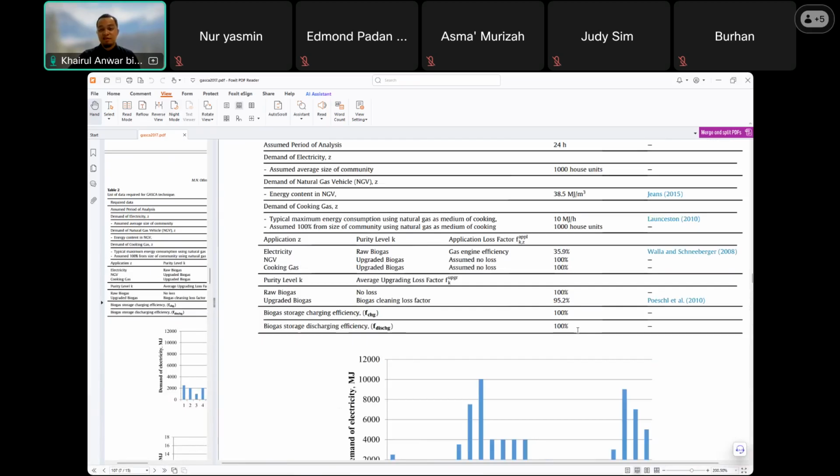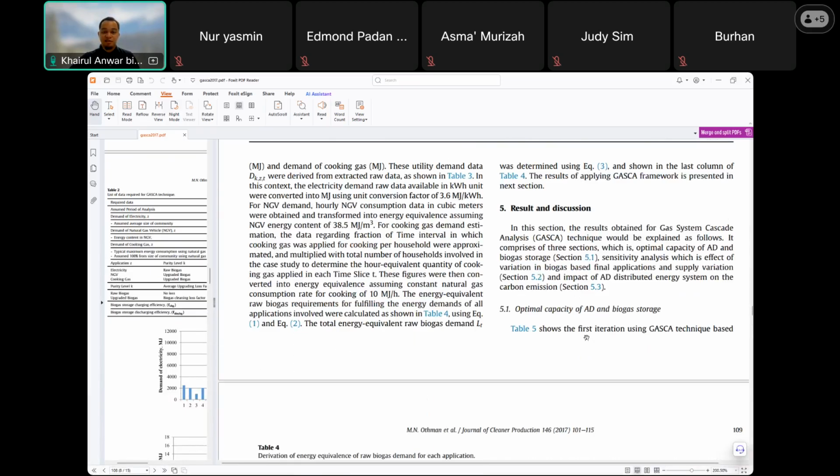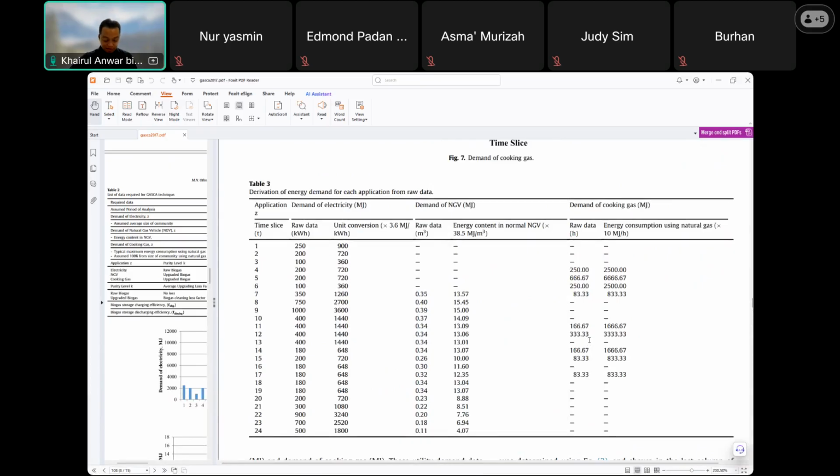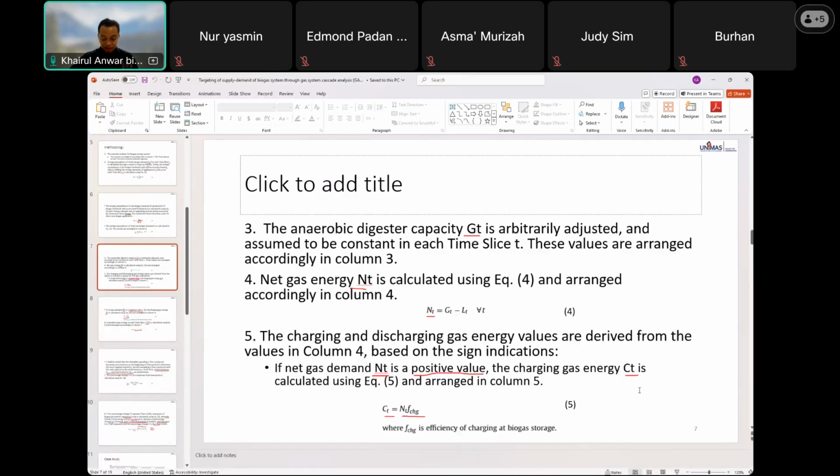So it doesn't really matter whether you divide or multiply, it's the same. For this case in this study, the FCHG and FDSCHG, or discharge, is 100%. So CT equals NT, where NT is GT minus LT, times this value.